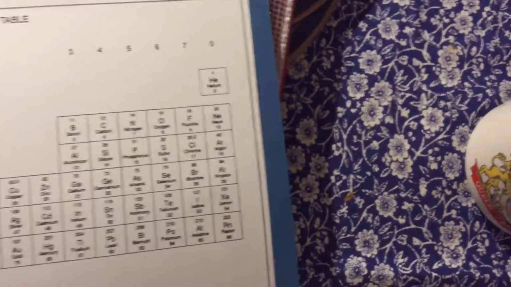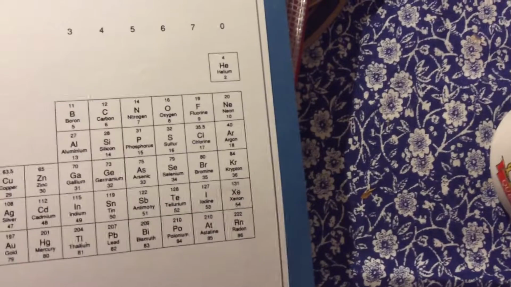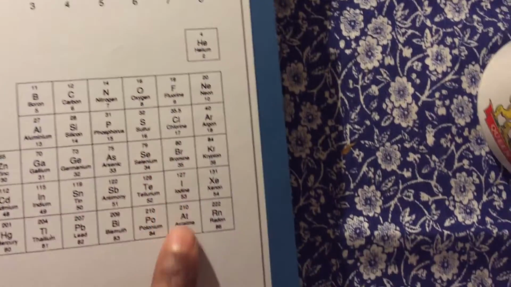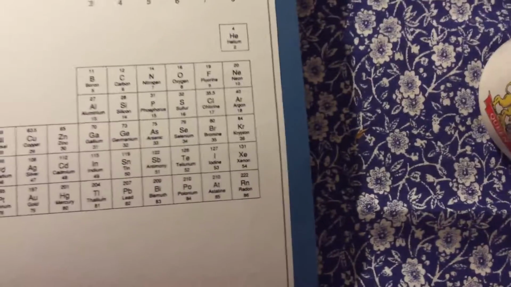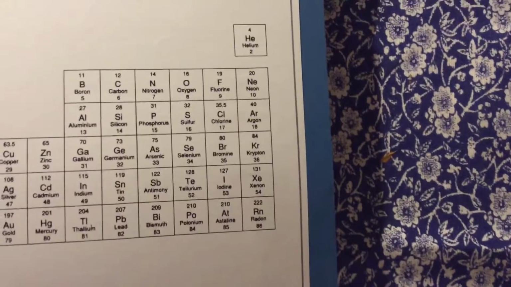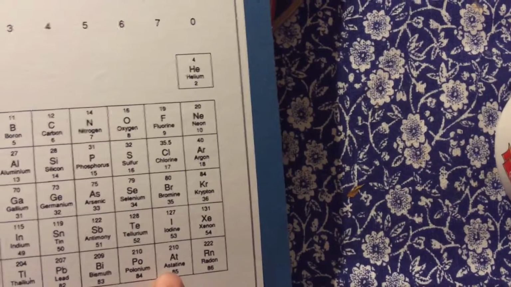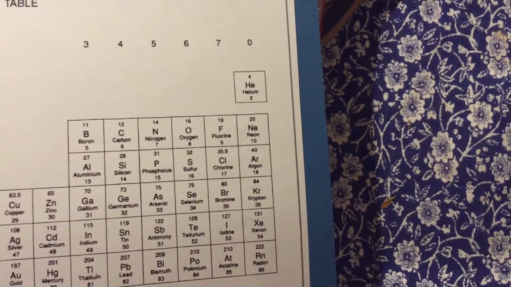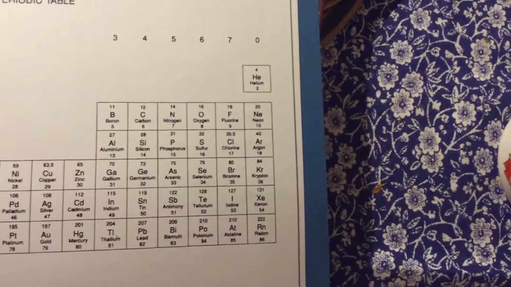In group 7, however, it is actually the opposite, starting off with the most reactive to the least reactive. This is because, once again, as the electrons get further away from the atom, they lose their attraction to the nucleus.